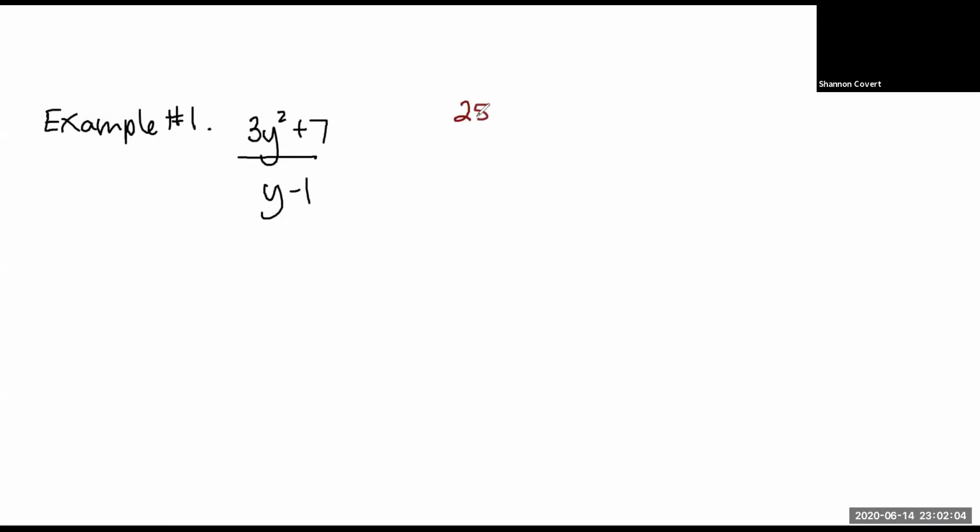If I have 25 over 4, if I go back to my grade school days, that's 25 divided by 4. You would see how many times 4 goes into 25. 4 times 6 was 24. There's 1.